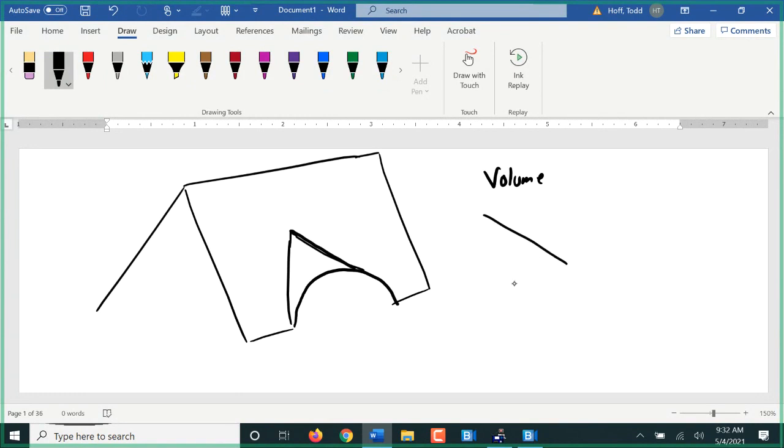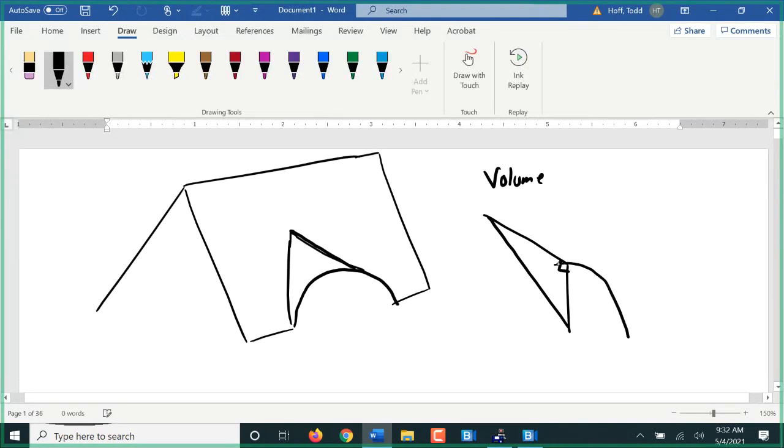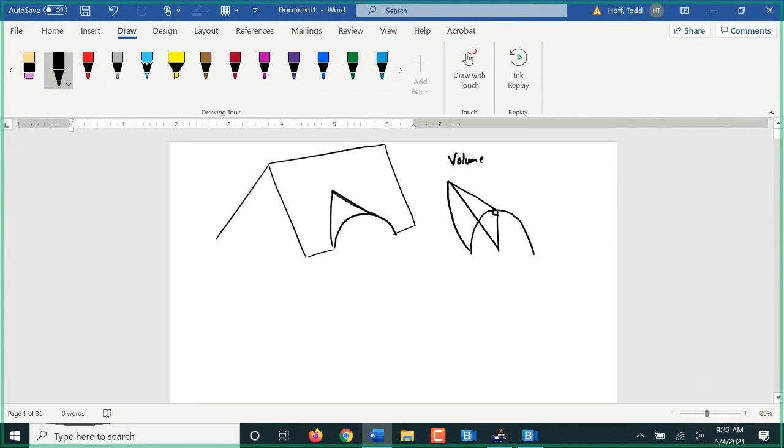So think of this as being a right triangle here. The round portion here, and then of course that coming up like that. Oops, get back up there.